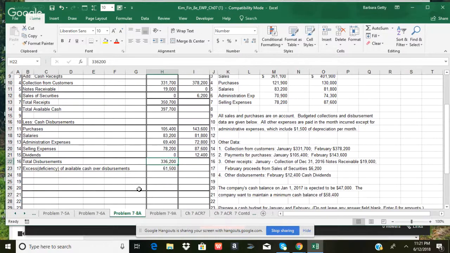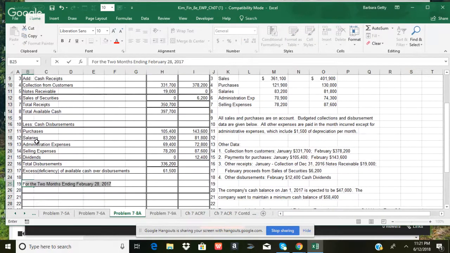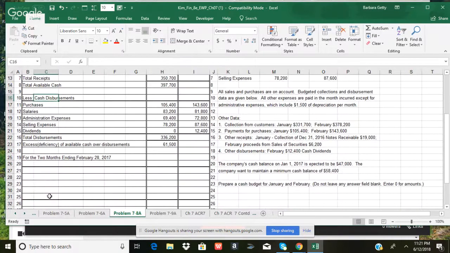So after our excess deficiencies, we come into our finance area, because the three areas of the cash budget are our cash receipts, our cash disbursements, and our finance. Oops, how did I get that in there? I'm going to take that out. I don't know what I did. I think because I was starting finance, it just did that.